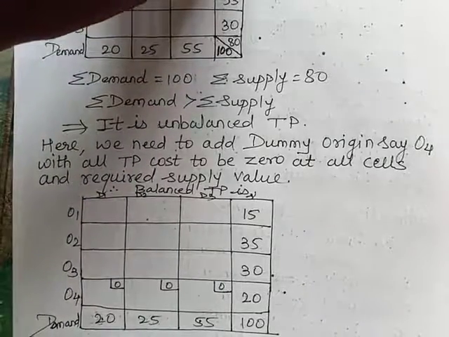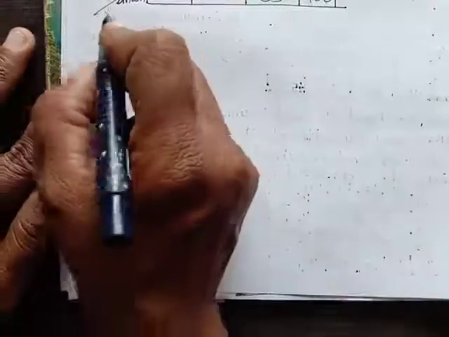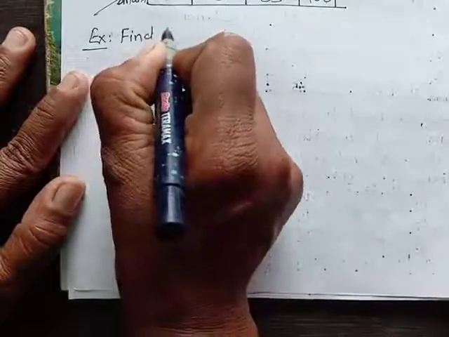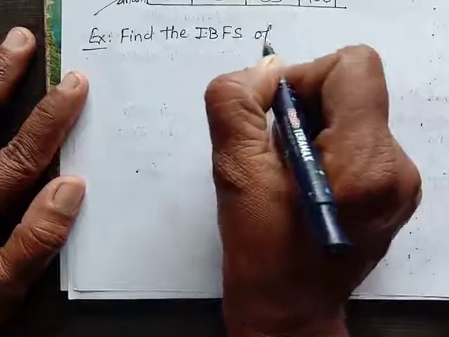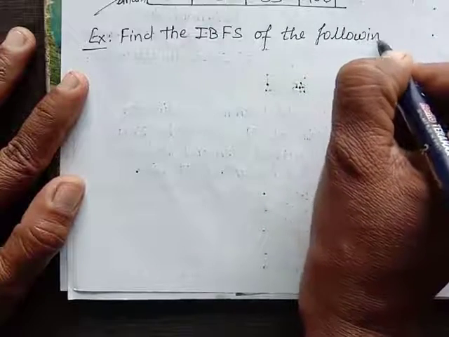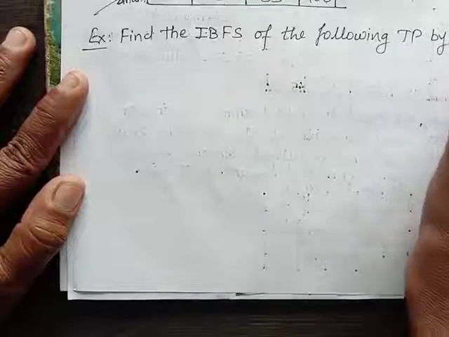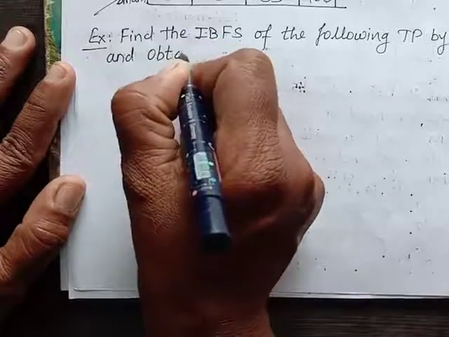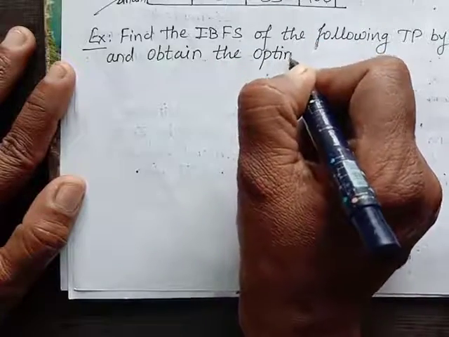The question is: find the initial basic feasible solution of the following TP by VAM and obtain the optimal solution.